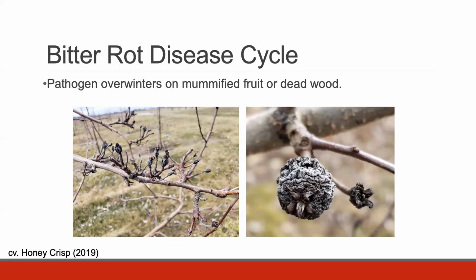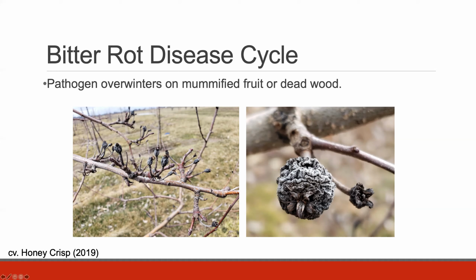Colletotrichum acutatum and gloeosporioides overwinter as acervuli or perithecia on mummified fruit or dead wood from the previous season. In the images seen here, there are numerous mummies that can be seen on a dormant Honeycrisp tree. So all of these structures are what we call the mummies.